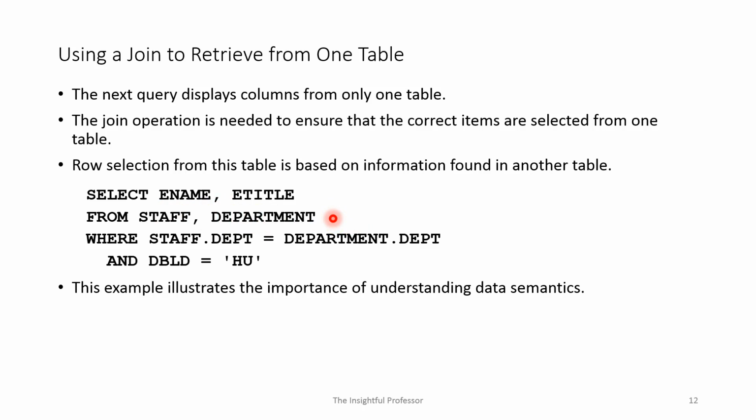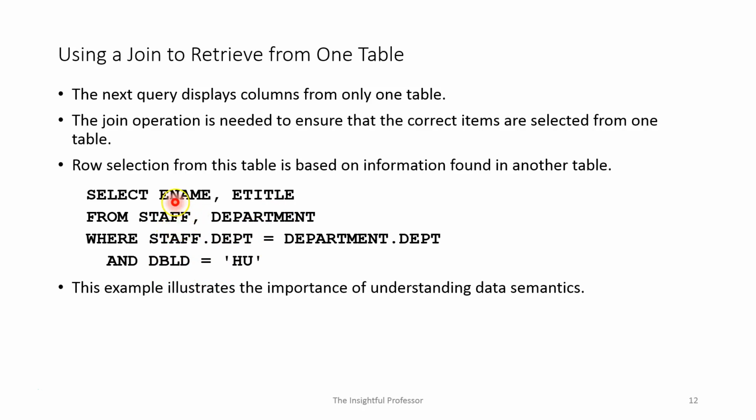Well, the reason you need to access the two tables together in some way, and here we've chosen to do that with a join, is based upon the filter condition. The filter condition is evaluating a column that is in the department table. Remember, there's nothing about location stored within the staff table.